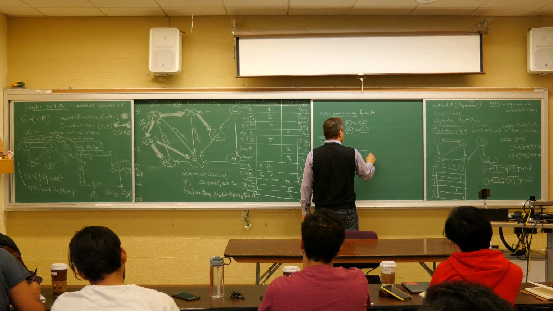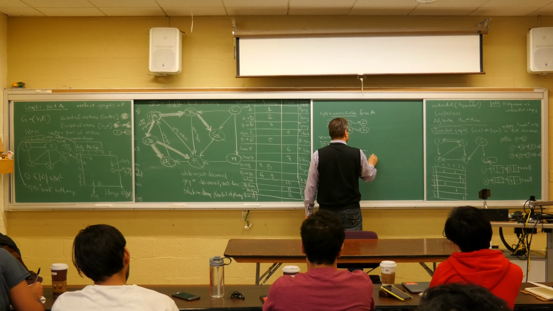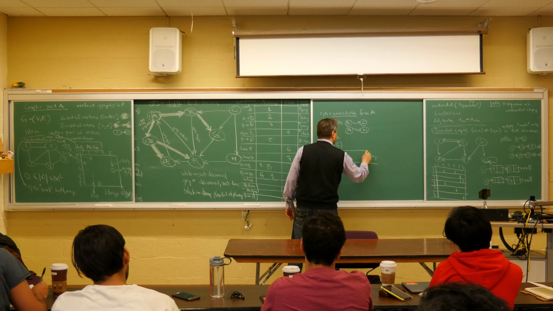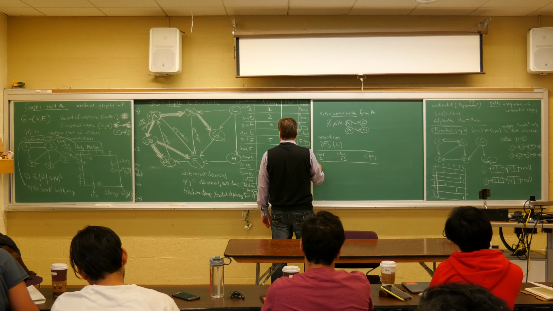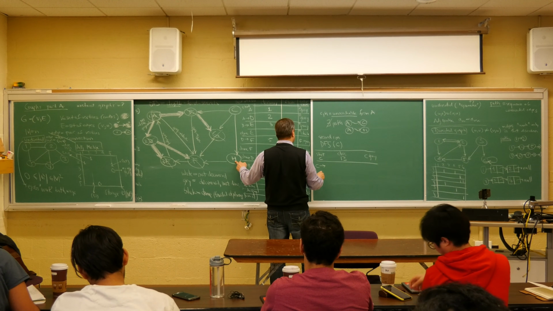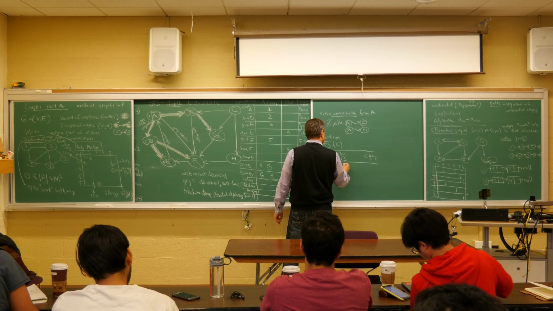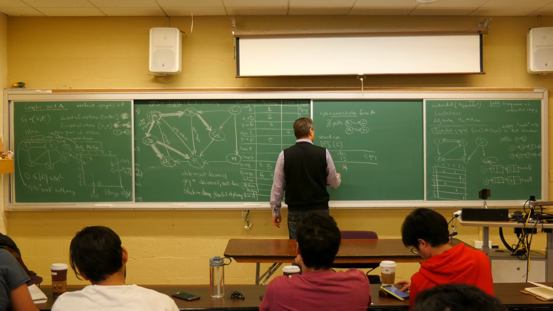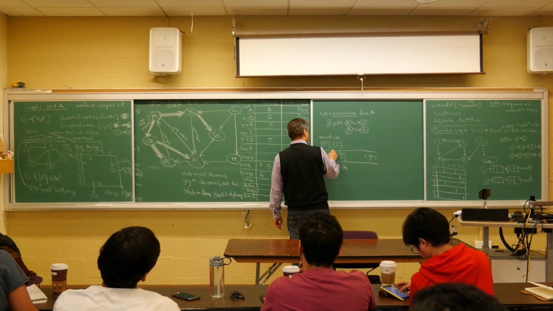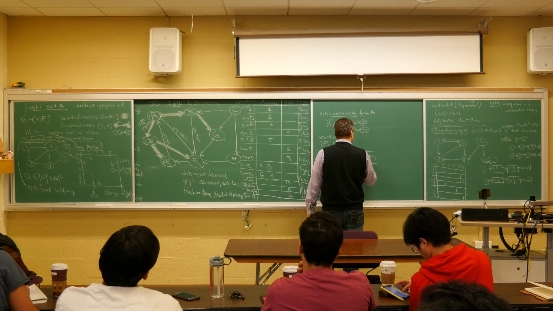And I make C gray. Then I do what? I go from C to H. I make discovery of H time 14, right? And I make H gray.